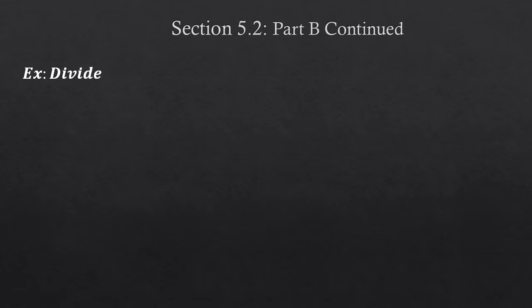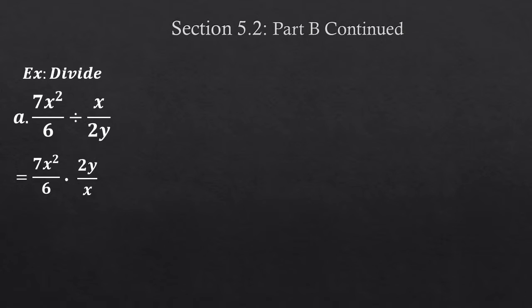Example, divide. 7x to the second over 6 divided by x over 2y. Copy the first fraction down, change the division sign to multiplication, flip over the second fraction, and perform the multiplication.